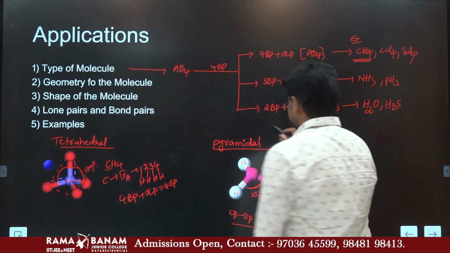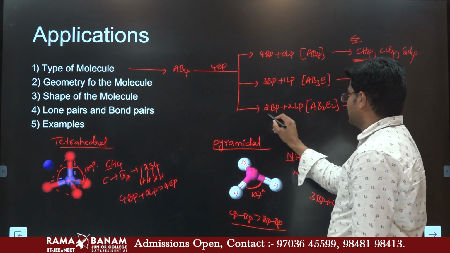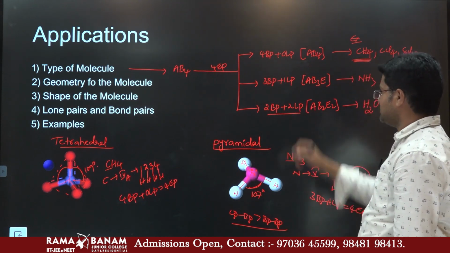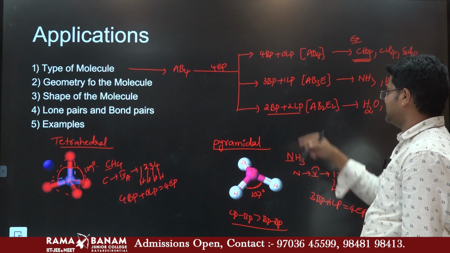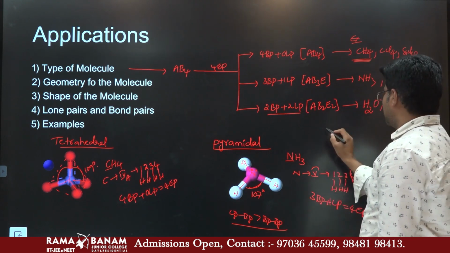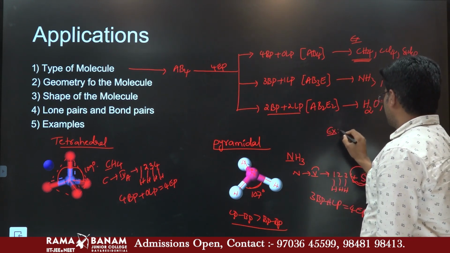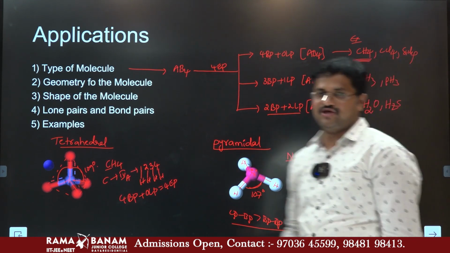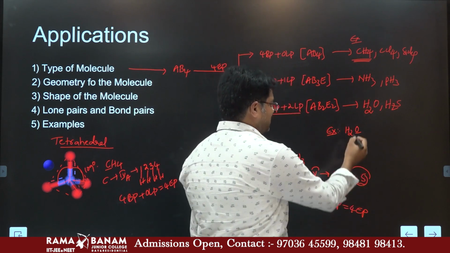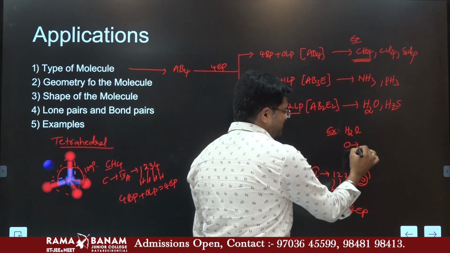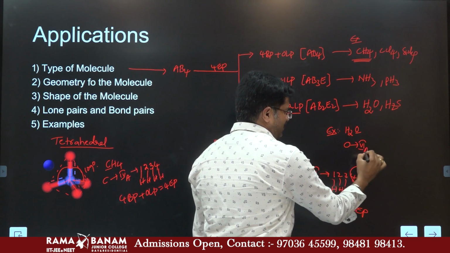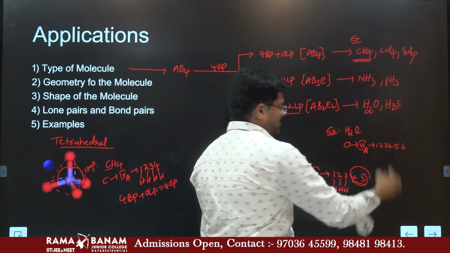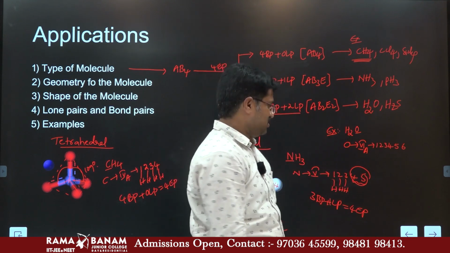And the next case is AB2E2 type. In this case, 2 bond pairs and 2 lone pairs. The example is the water molecule. In the water molecule, the oxygen atom acts as the central atom. Oxygen belongs to the 6A group, so 6 valence electrons are present in oxygen.